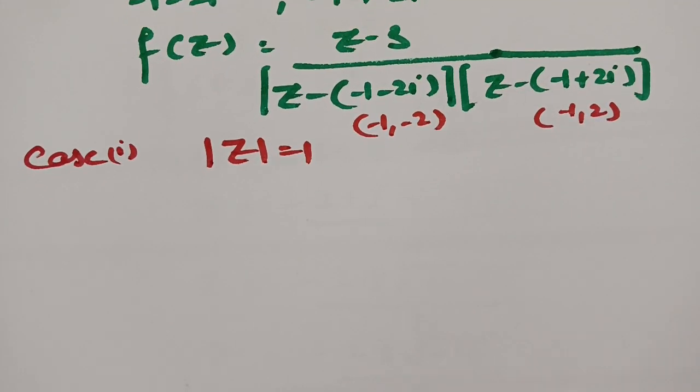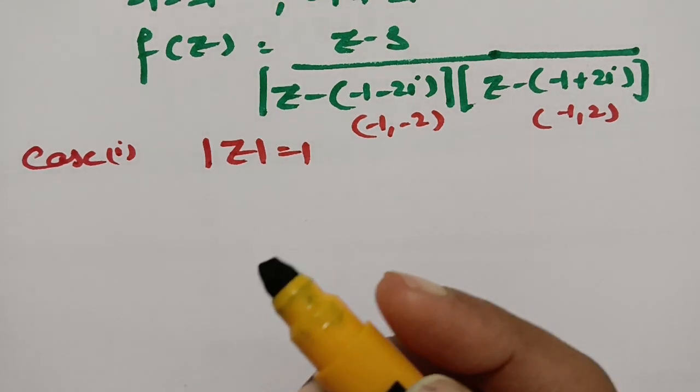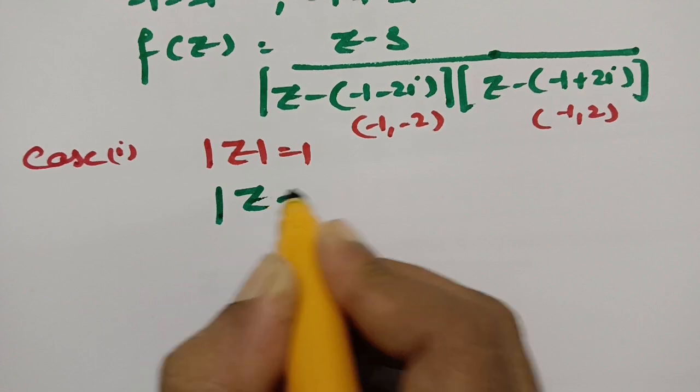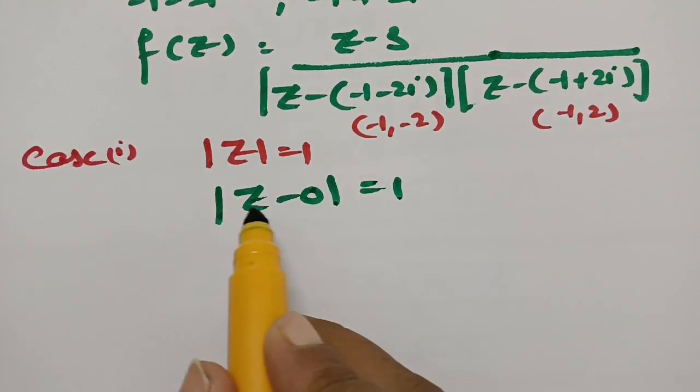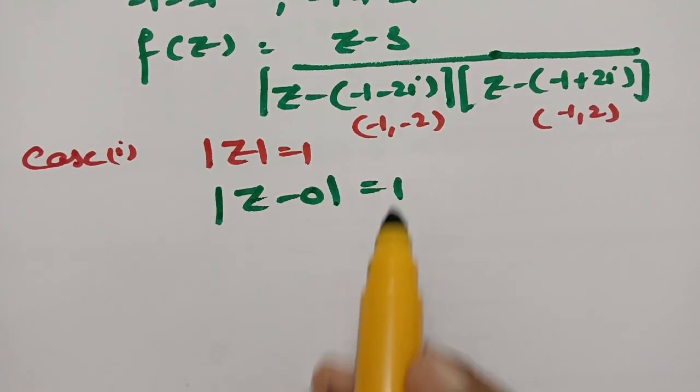Mod z equal to 1 can be written as mod of z minus 0 equal to 1. So this is the circle with center 0 and radius 1.